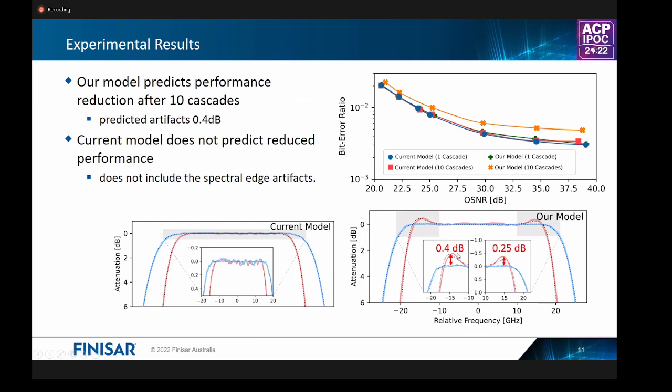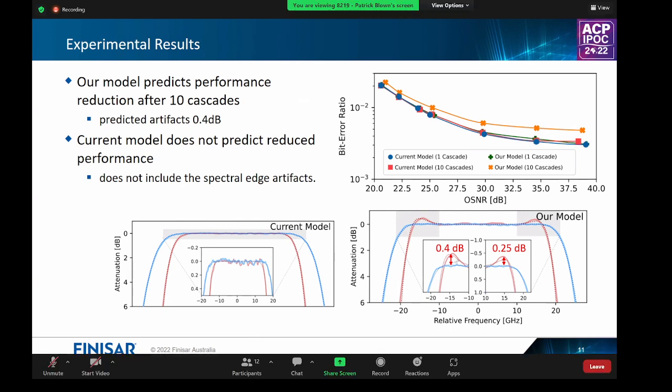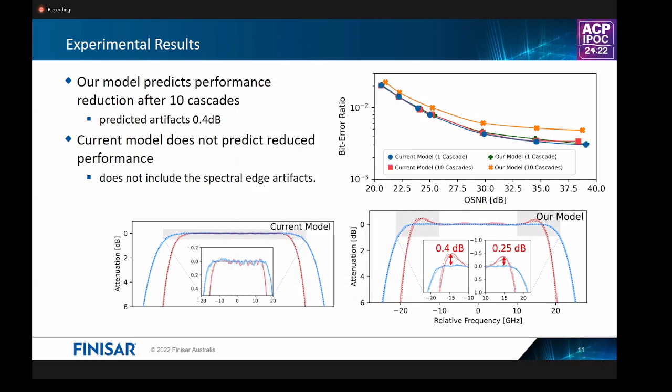So this is actually going to be an impairment in the performance of the network. And this was absolutely not predicted at all when you use the current model that is in the literature and in industry right now. So this really shows you the subtleties involved here and the importance of having a really accurate model to describe the WSS channel shape.